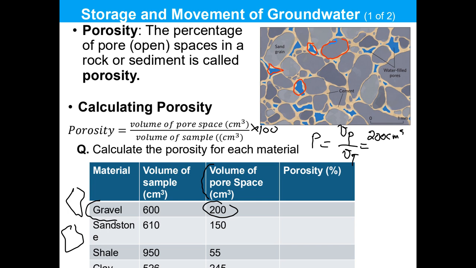Divided by 600 centimeter cube times 100, and that would be equal to 33.3, centimeter cancels with centimeter, no units, and percentage. And that's the percentage of this first material, 33.3%. That's a lot of empty space there.